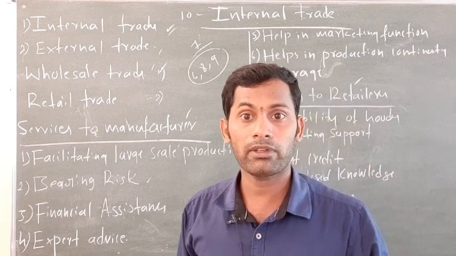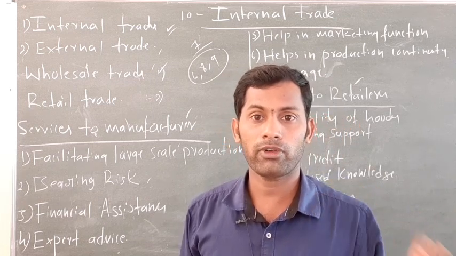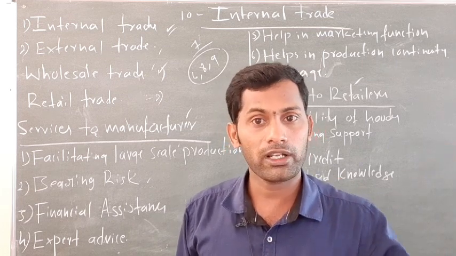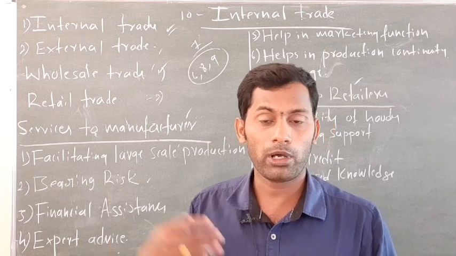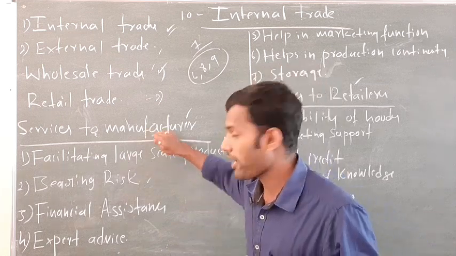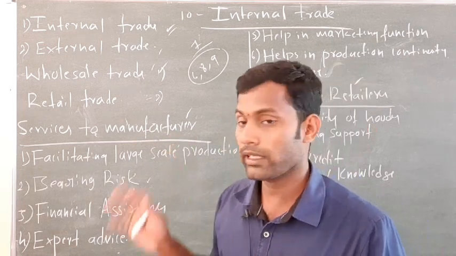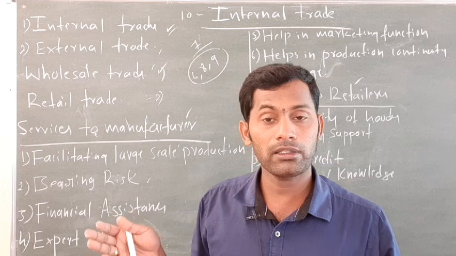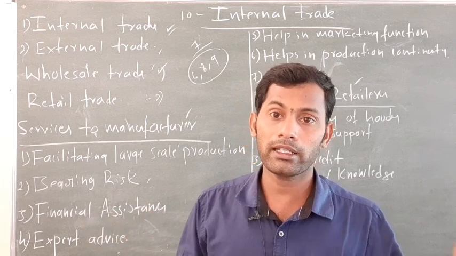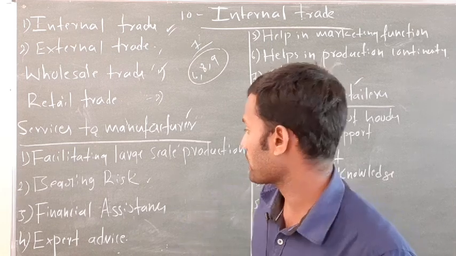They are relieved from the problems of storage, theft, fire, pilferage, fluctuation of price or a fall in the price. These are all problems or risks in the business. Now the manufacturers are relieved from the problem, because the wholesaler purchased the product in large quantity and stored it in his warehouse. That is the second service.